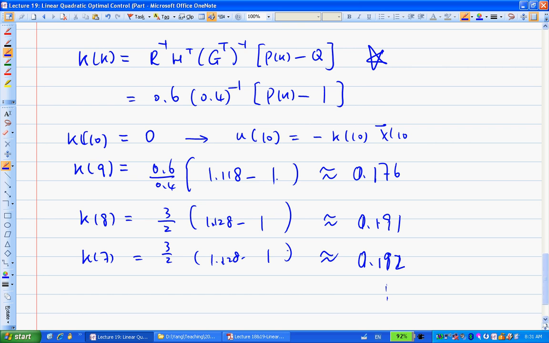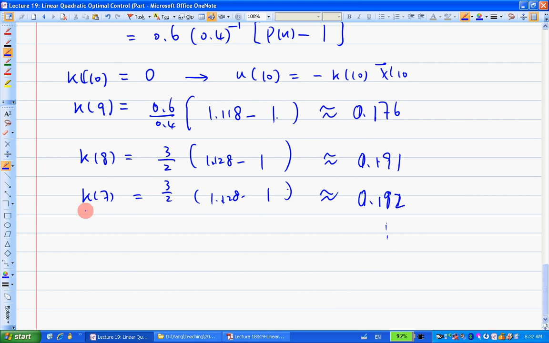So you can also calculate what's the u of k at each step. That's what we call the optimal control input. And of course, in order to calculate this u of k, you have to calculate the x of k.